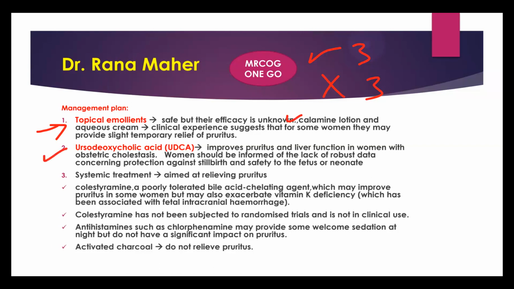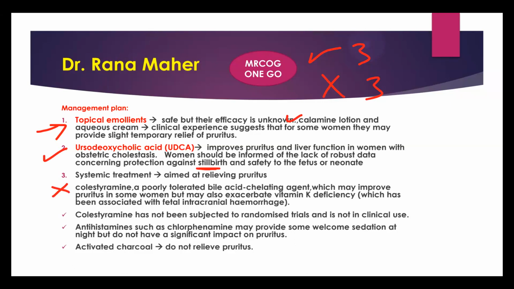Ursodeoxycholic acid, yes, we can give. It will improve the itching and liver function a little bit, but it will not improve the stillbirth risk. It will not improve the outcome and safety of the baby or of the fetus. For the systemic treatment, we can give cholestyramine. No, this is the first one we will avoid.